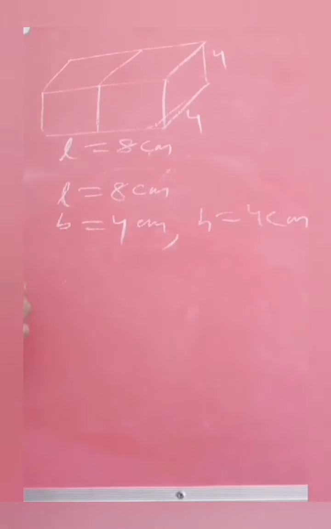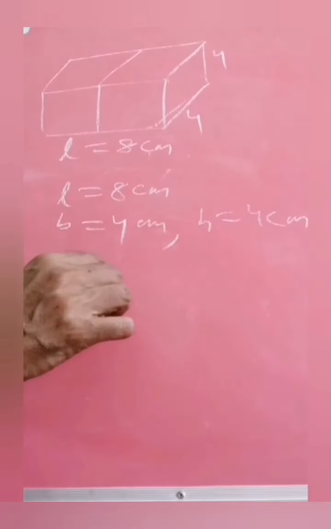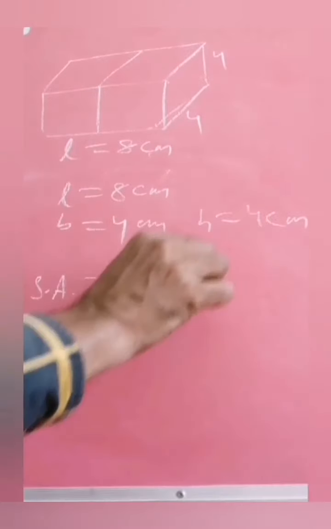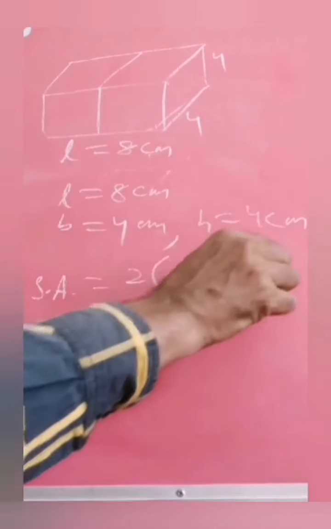As you know, the total surface area formula is 2(LB + BH + HL). You just substitute the values and get the answer. L is 8, width is 4, plus width 4 and height 4, plus height 4 and length 8.